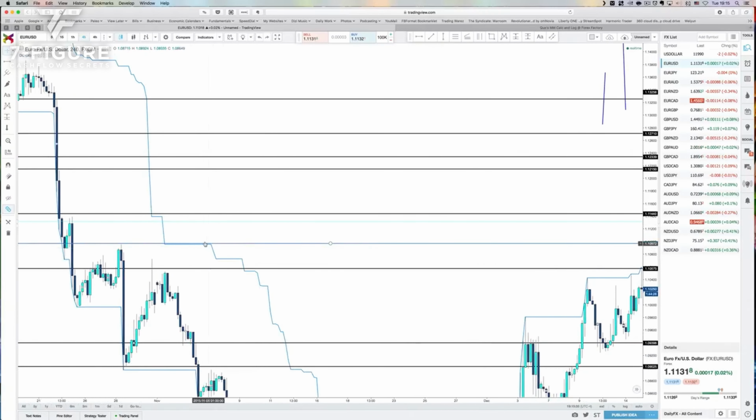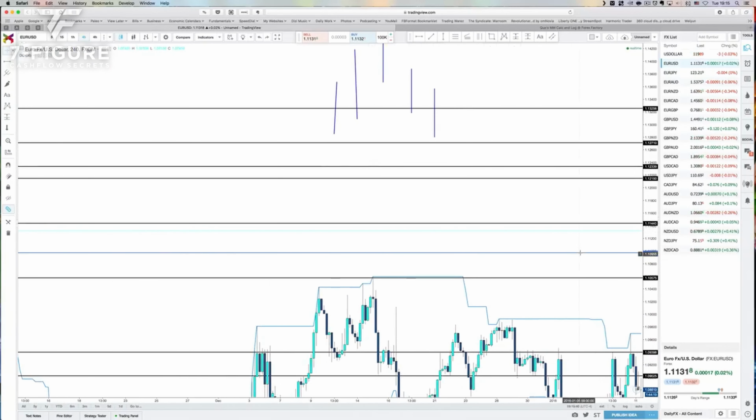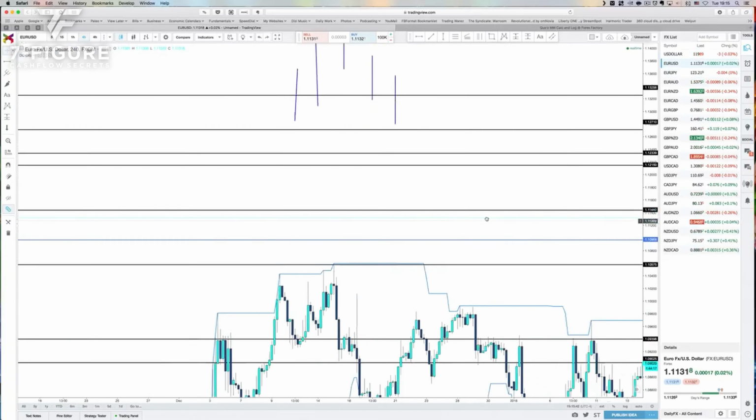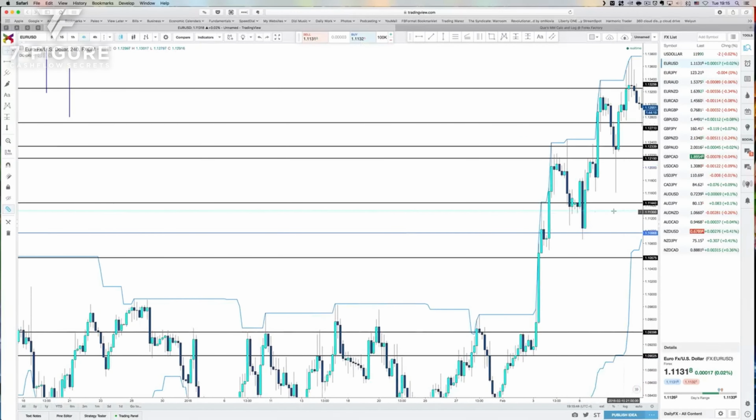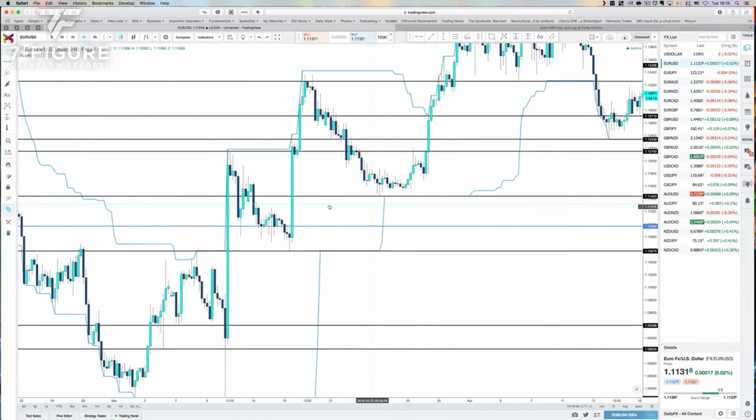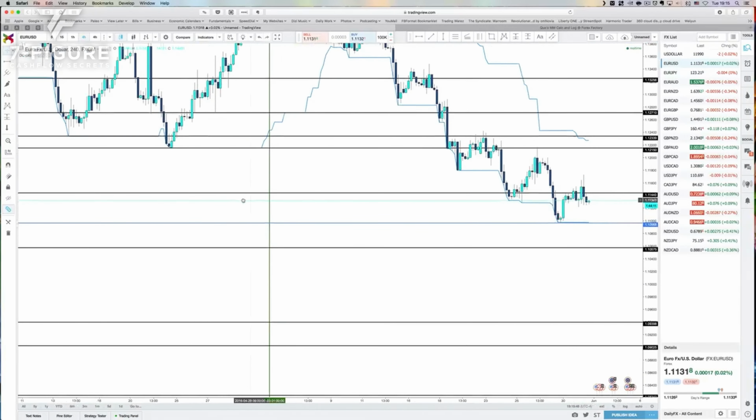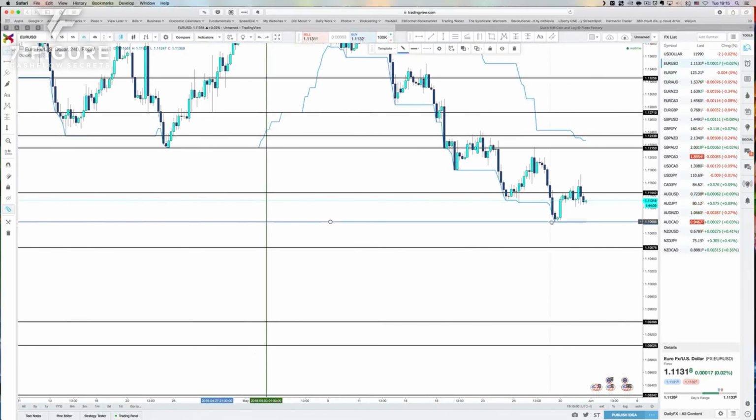And look at this long line here. That tells me, boom, that's where it hit. We can see that price came right to that level in the past. So this is where big money is pushing the price to. We've seen it hit this line.